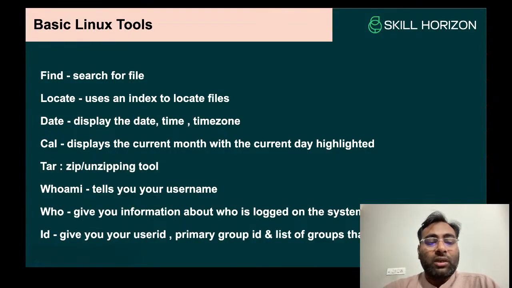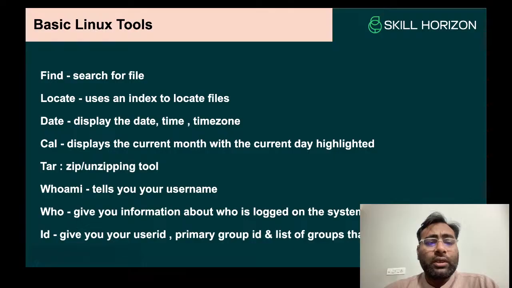Then if you want to zip and unzip, for that purpose you have the tar command. Then whoami, which tells you your username. The who command gives you information about who is logged on to the system. And the id command gives you your user ID, your group ID, and the list of groups that you belong to.